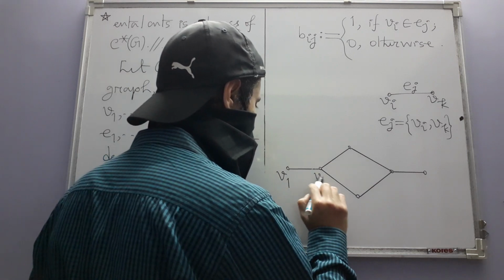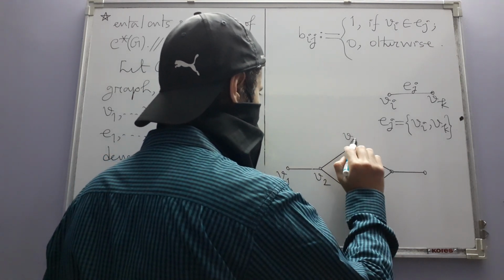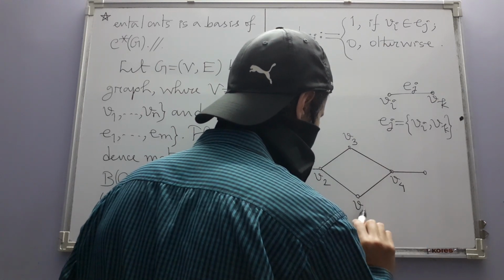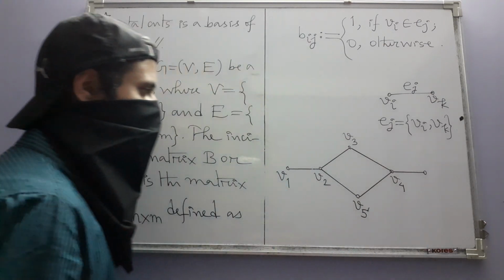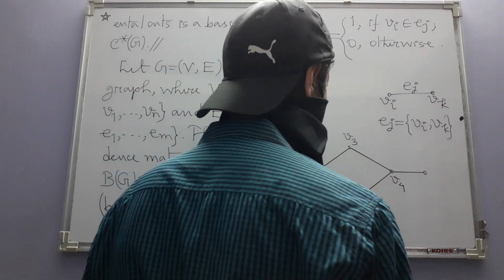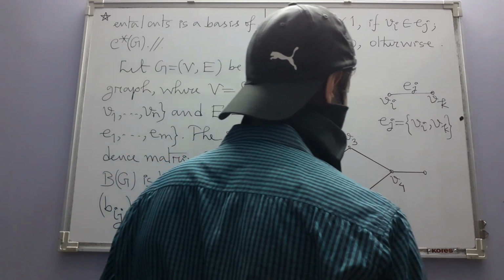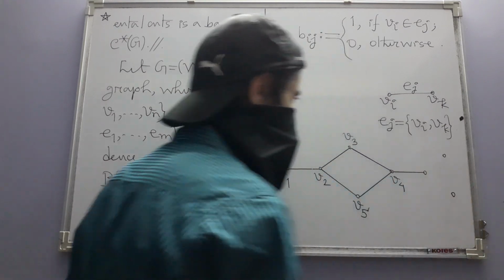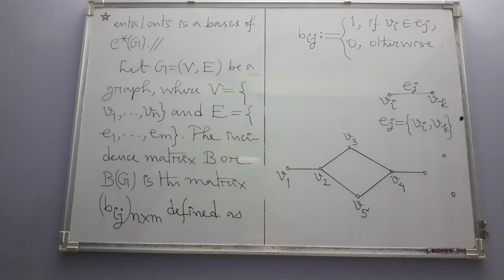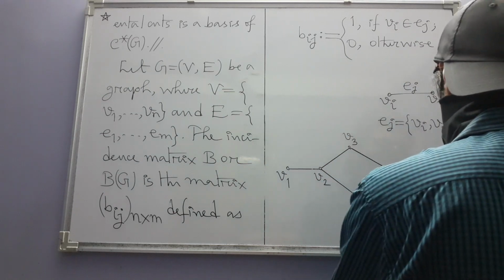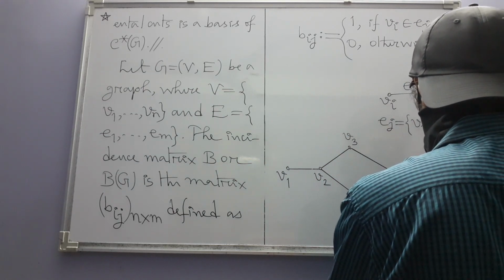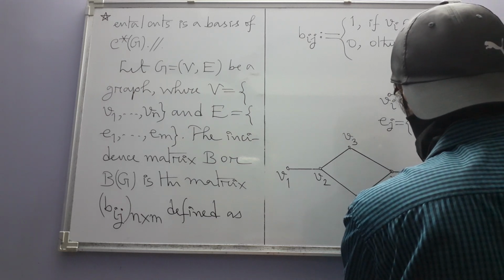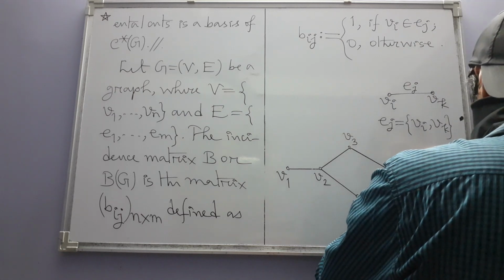Say V1, V2, V3, V4, V5, and well, just for the sake of showing one specific thing, let me just take two other vertices also and make it a graph like this.